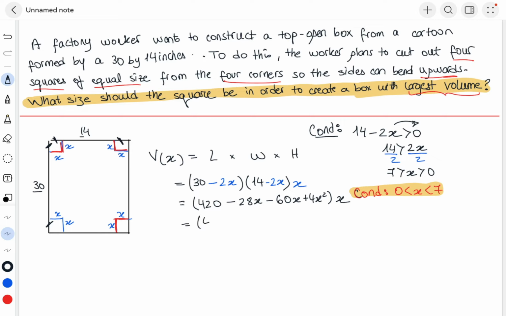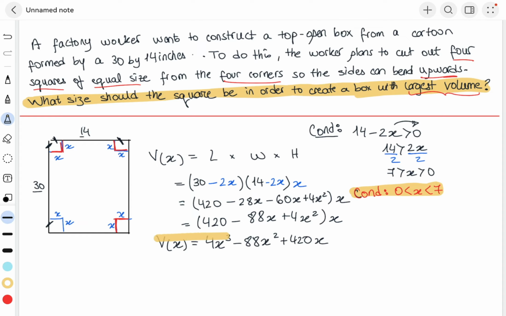Now by combining like terms, we have 420 minus 88x plus 4x squared, multiplied by x. So by distributing the x, we'll have 4x cubed minus 88x squared plus 420x. This will be our v of x.